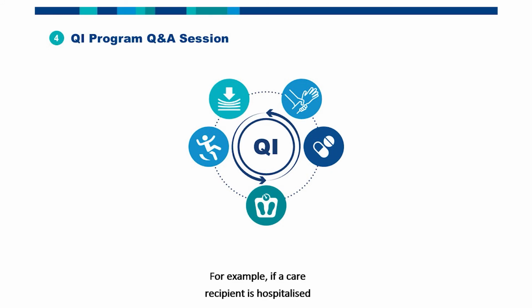For example, if a care recipient is hospitalised for the entire quarter, it's logical that they are not assessed or reported against a quality indicator. However, you would report this care recipient in the number excluded due to hospitalisation. So thanks for that question. That is a good one to clarify.